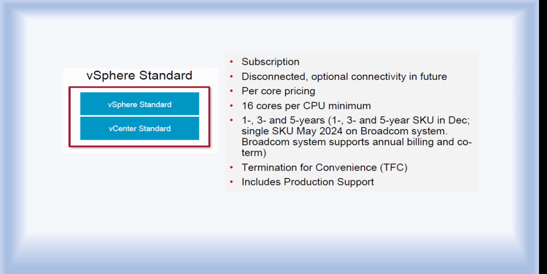There is no perpetual licensing model any longer. You have to go for the subscription model. And the amount of CPU you can start ordering your license with is 16 cores per CPU.